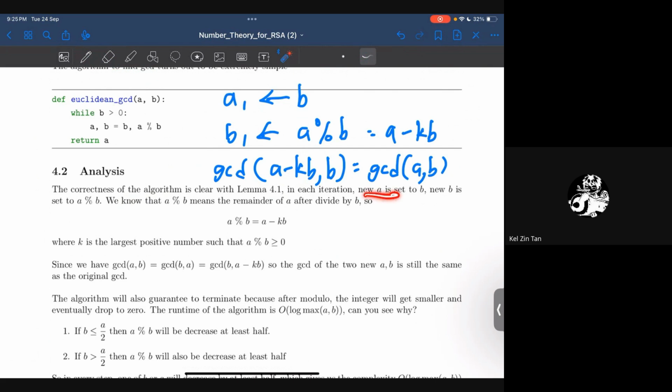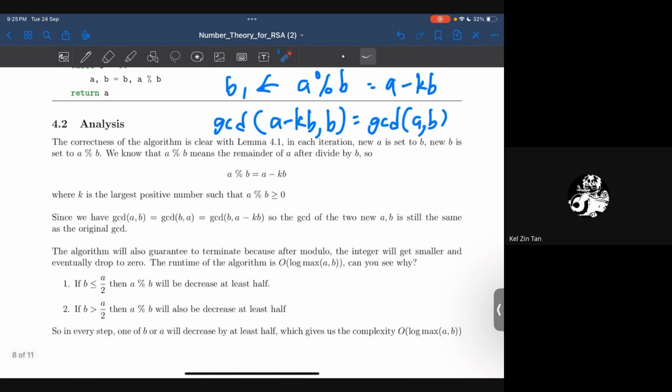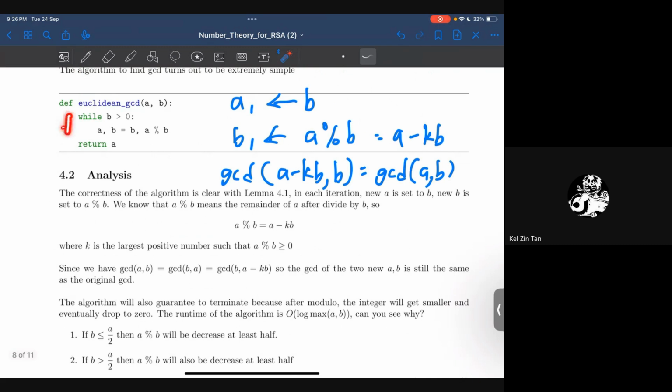So new A is set to B and new B is set to A modulo B, where A modulo B means the remainder of A after dividing by B. This is just A minus KB, where K is the largest positive integer such that this is still non-negative. So GCD of A, B is equal to GCD of B and A modulo B, as you just add multiples of K. No matter how many times you repeat this iteration, A and B will always have the same GCD.